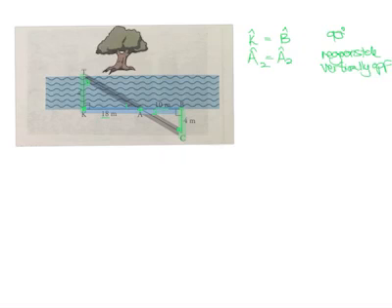Therefore, angle T is equal to angle C. Why? Angles of a triangle. Therefore, triangle TKA is similar to triangle CBA.